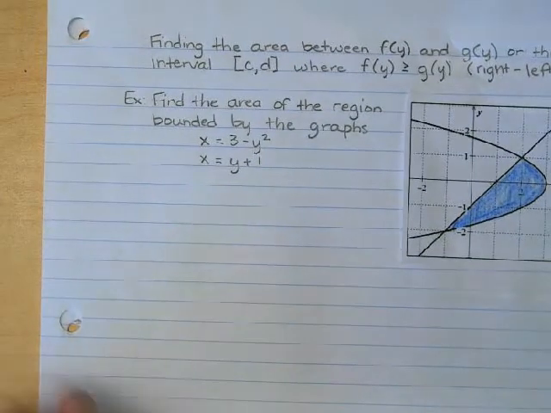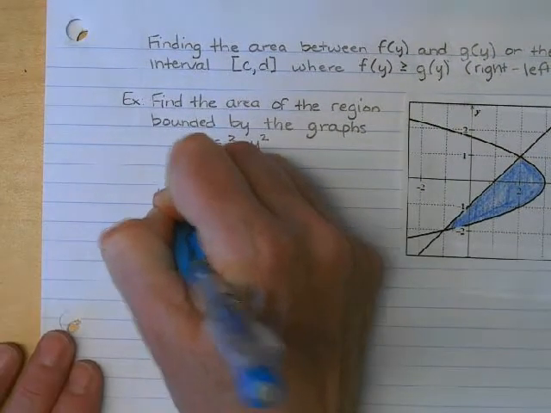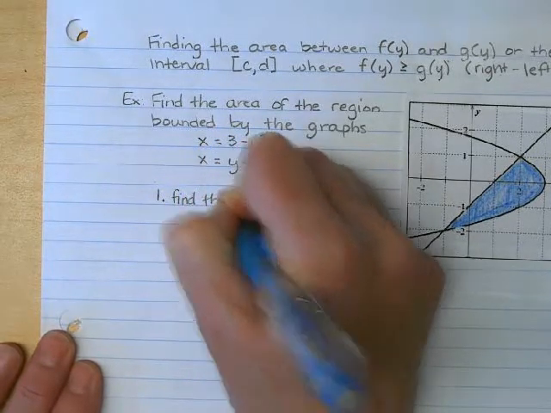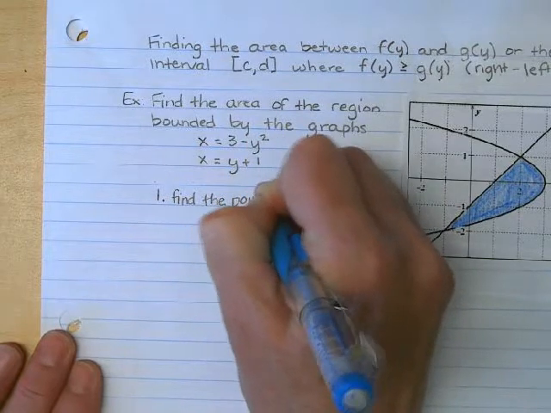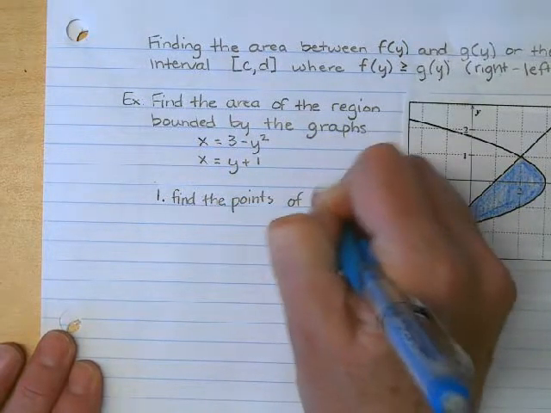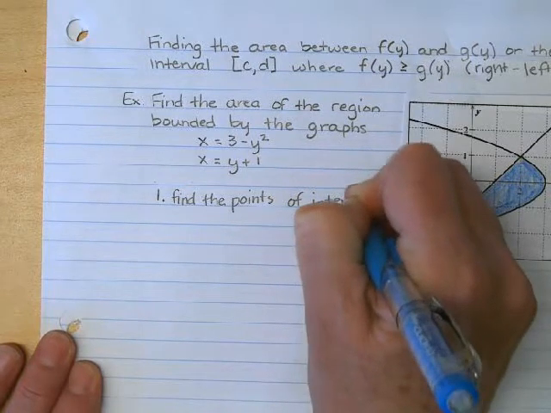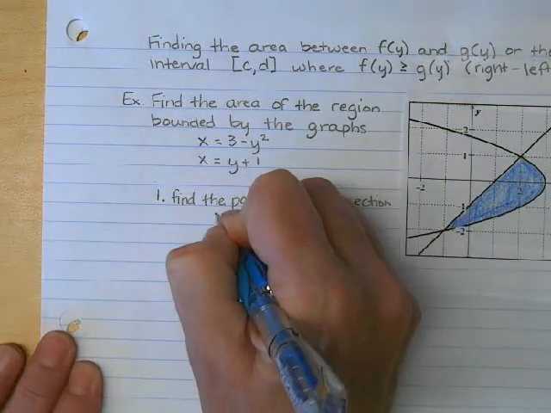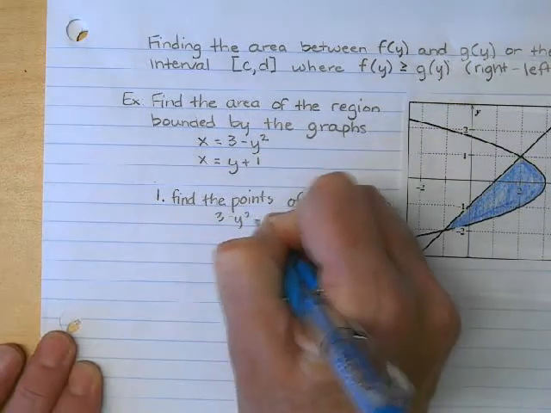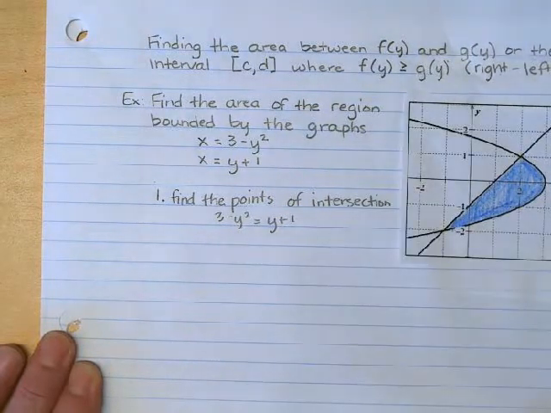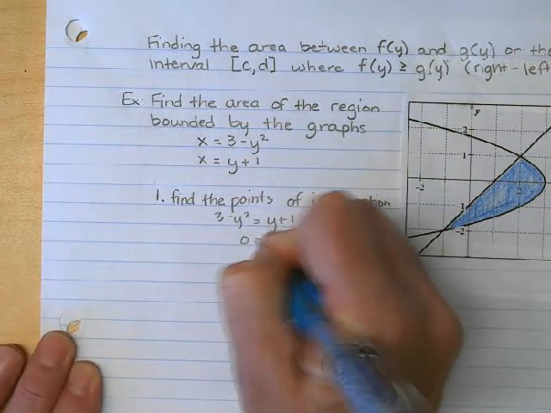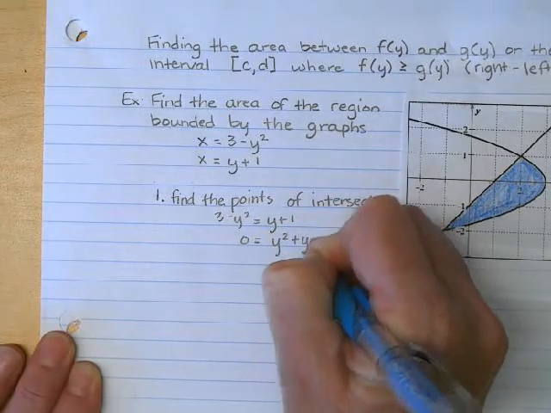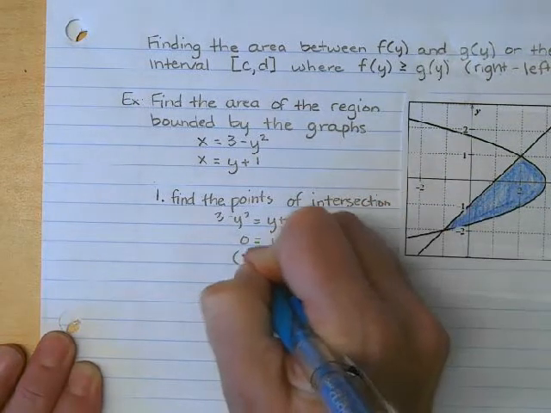All right, so just like before, the first thing you're going to do is find the points of intersection. Now, this particular one is solved for x. Sometimes we have to go ahead and do that. So I'm just going to say, well, where is 3 minus y squared equal to y plus 1? And I'll get 0 is y squared plus y minus 2.